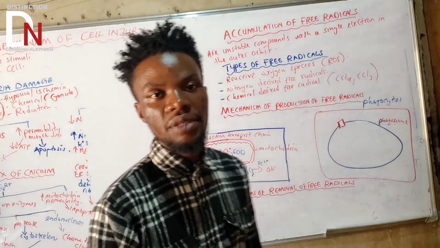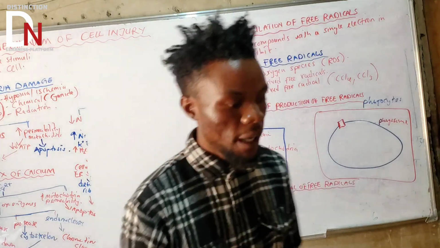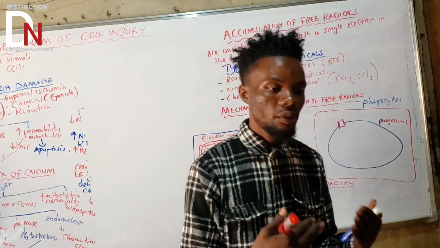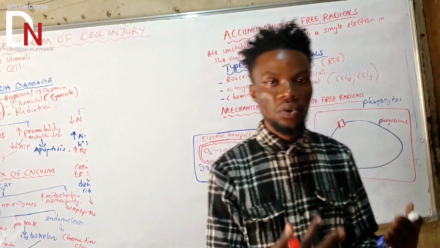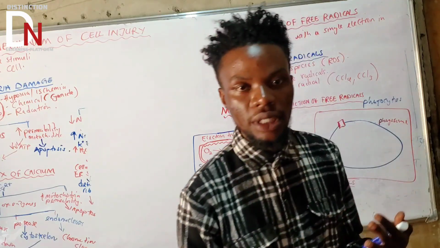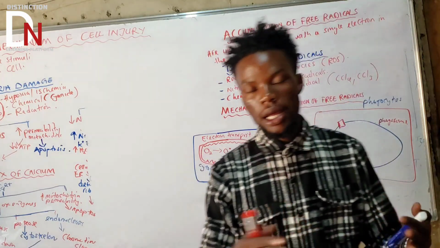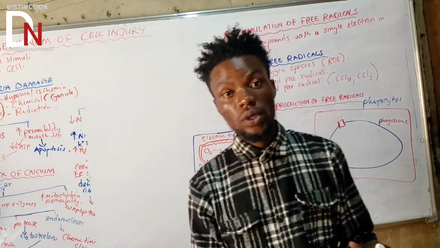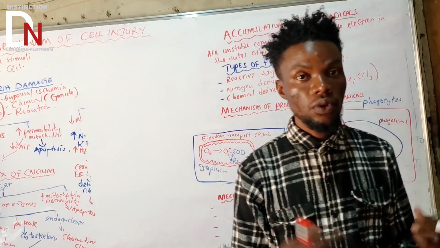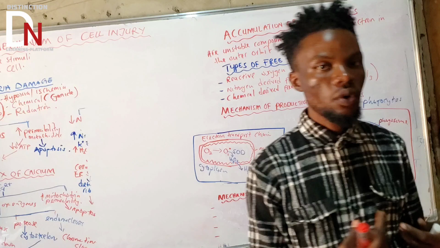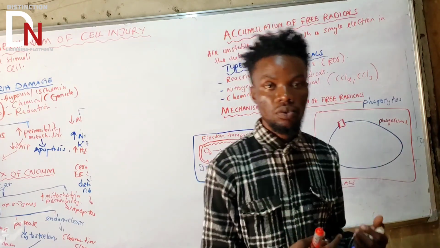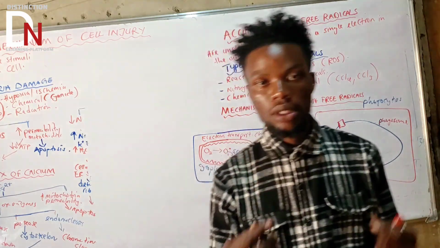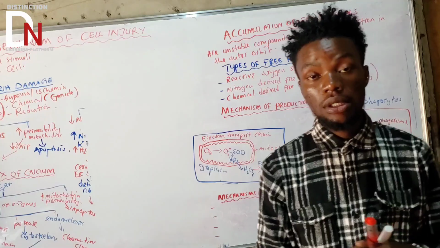Okay, and remember that in the phagosome, that's where a lot of things happen when a phagocyte phagocytoses bacteria and maybe other foreign substances, which are going to be destroyed inside the phagosome, because sometimes the phagosome combines with what? A lysosome, to form what we call a phagolysosome, so that it can be destroyed within those vesicles.